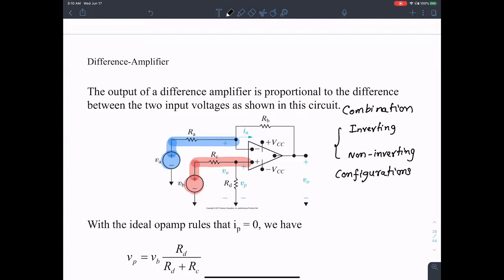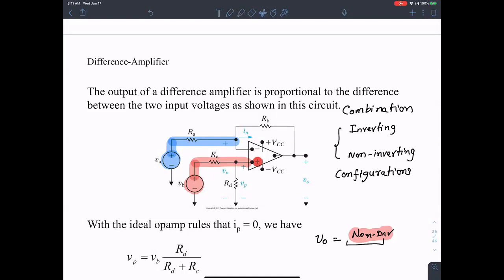So intuitively speaking, what we should see is the output voltage should have some kind of input component from non-inverting. Non-inverting is red, right? That is applied to the positive terminal here.